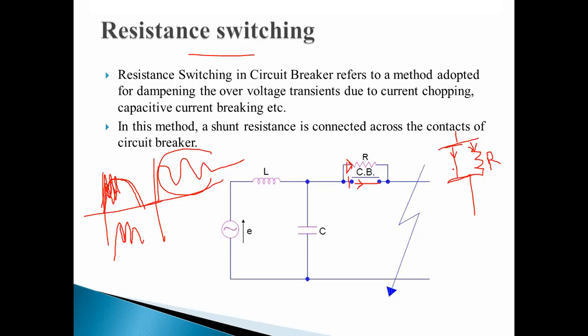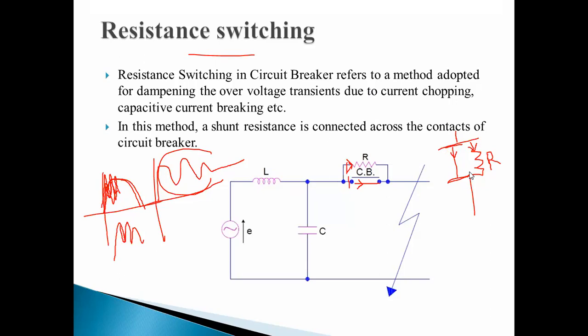So what about the resistance of this arc? What will be the effect on the resistance of the arc? Will the resistance decrease or increase?